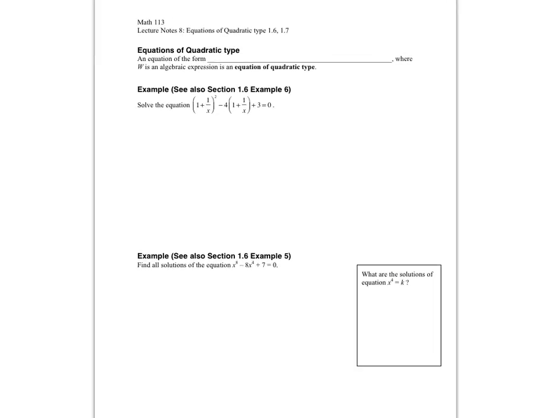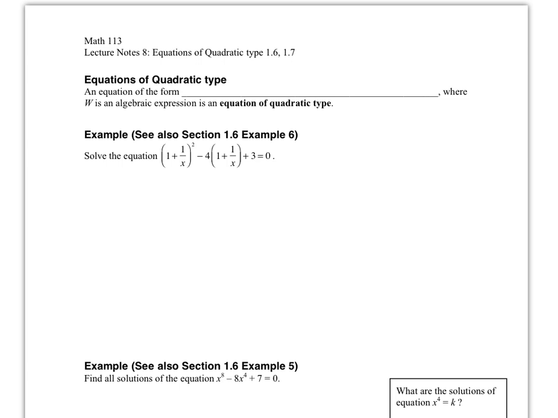Now, just to recap what we did in the last page, remember, an equation of quadratic form would look like this: a w squared plus b w plus c usually equals 0, where the w could be any algebraic expression. This is the typical example. This is actually a little more tricky than usual, but this is a typical example.